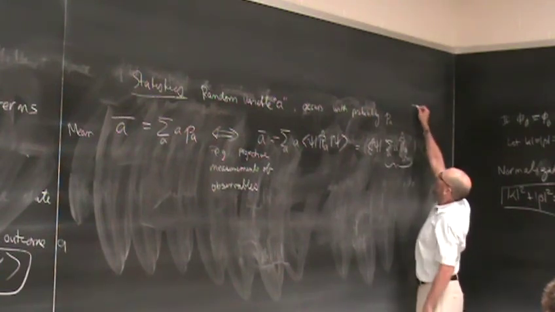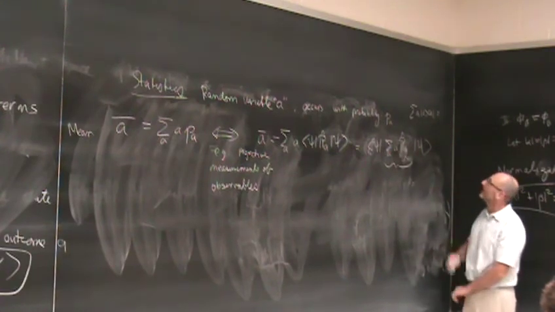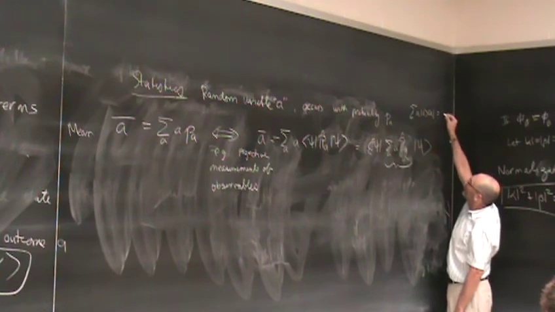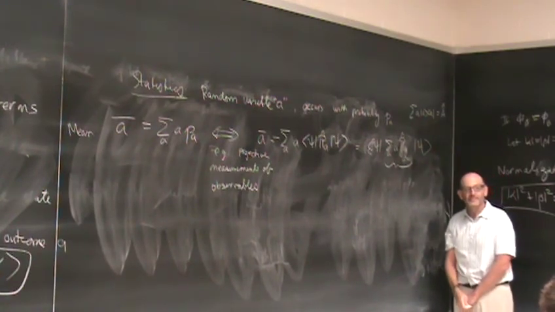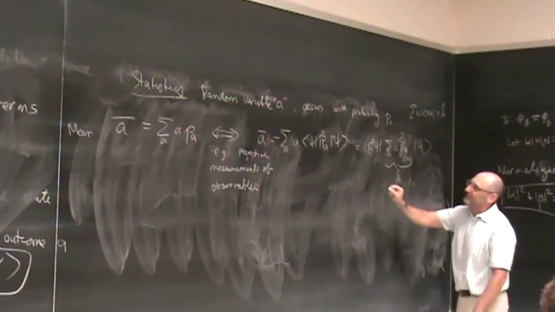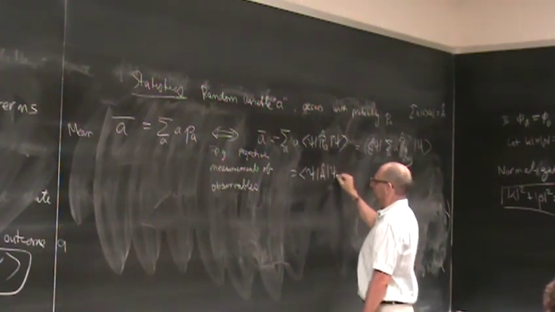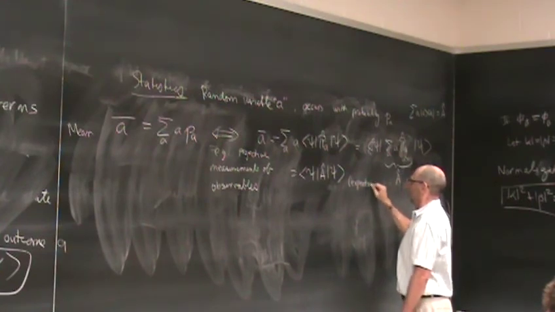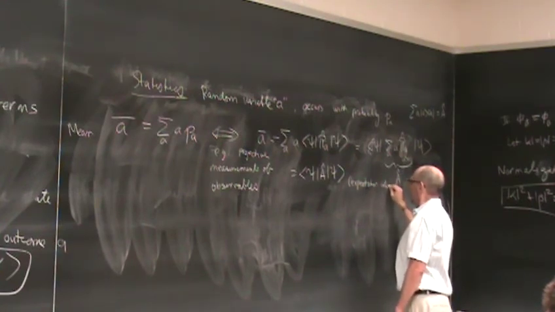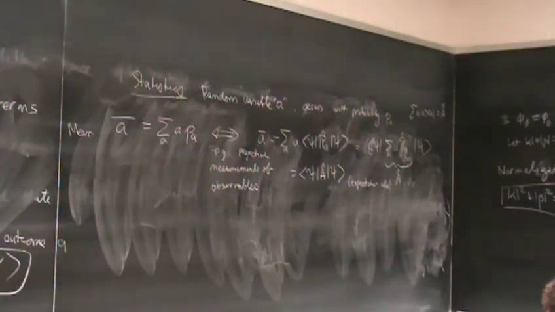So if I asked you, what is this operator? This is the observable A. So this mean value is this, sometimes known as the expectation value or the expected value. So the expected value of this observable is given by that. Something you know, it's re-derived.